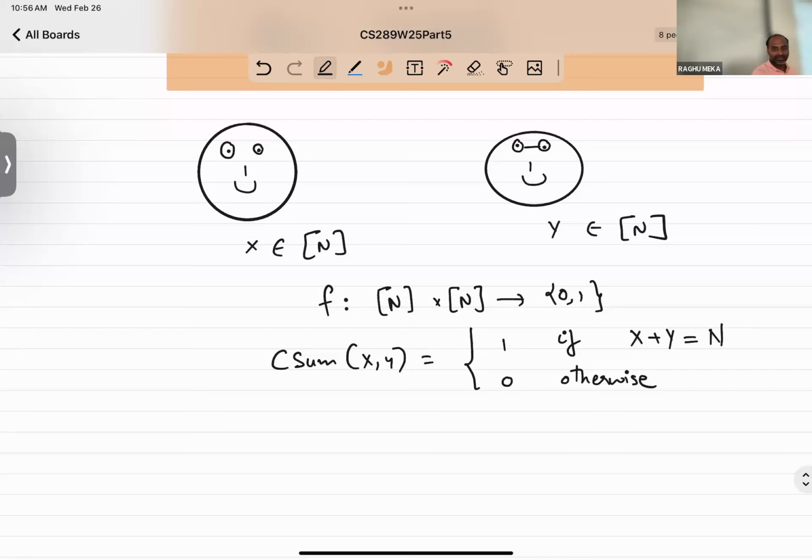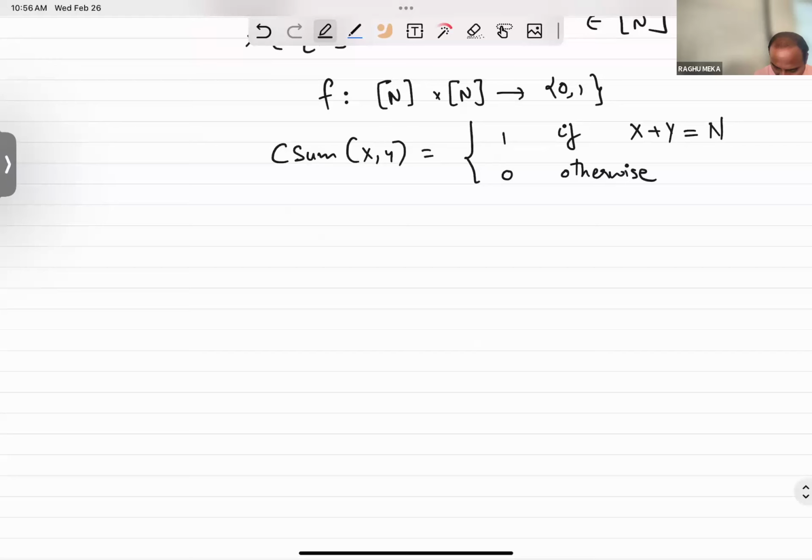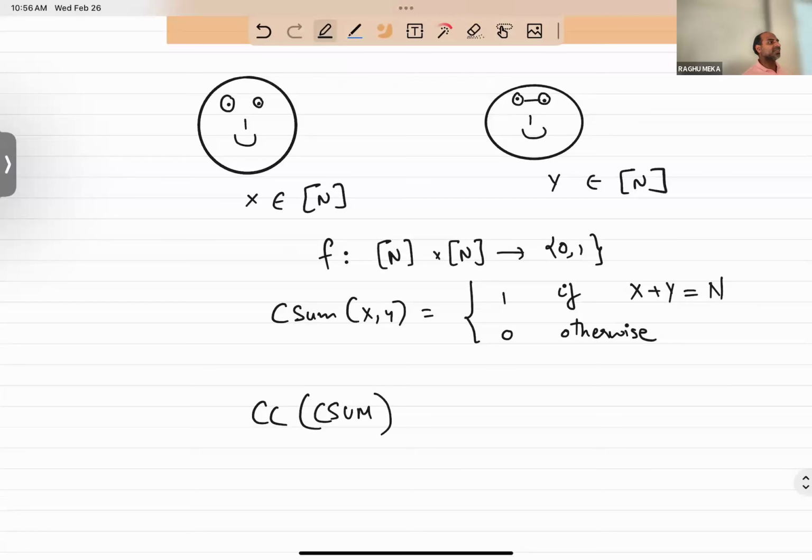And what's the communication complexity of this problem? What's the communication complexity of checksum? And we are only interested in the deterministic communication complexity. Remember, for equality, we said there's no better protocol. If I want to check if x equals y, you really have to send the entire string x. And checksum is basically equality in disguise: I'm just checking the equality of x versus N minus y.